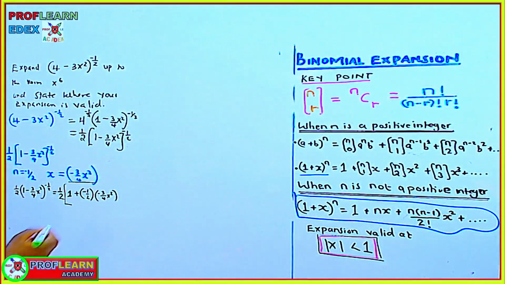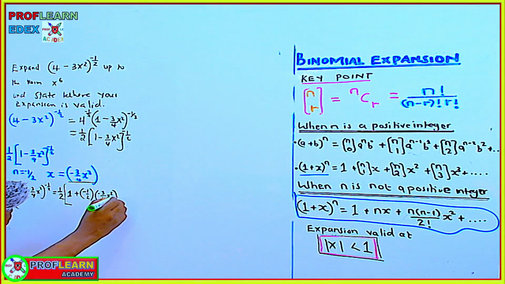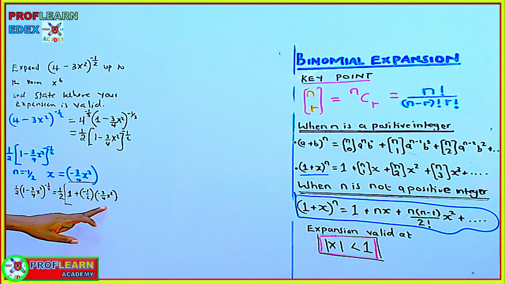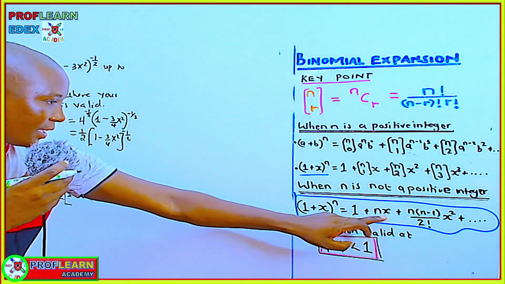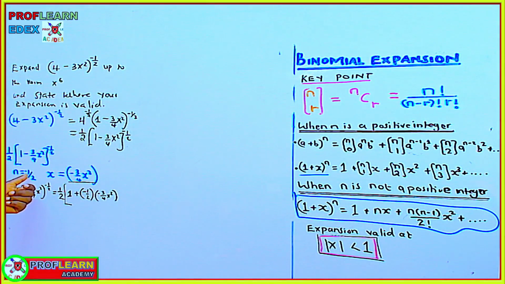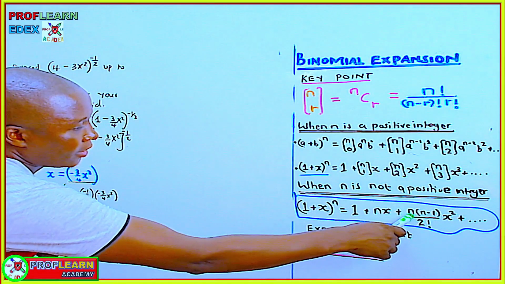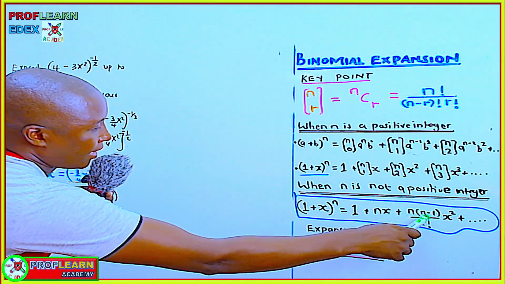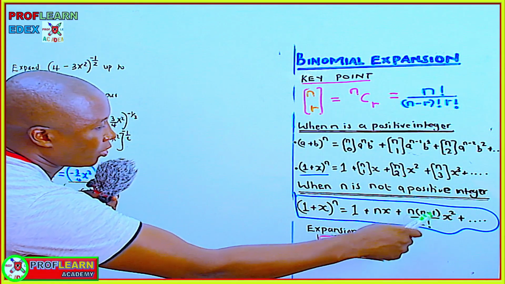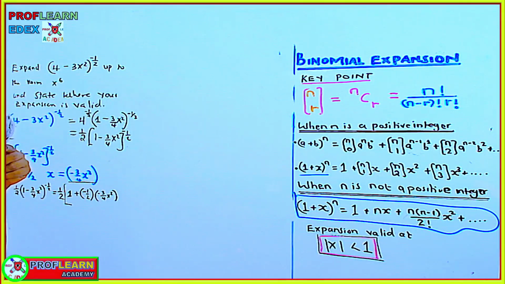Okay, so now this is the second term, which is nx. My n is negative 1 over 2, my x is negative 3 over 4 x squared. Then the next term will be n into bracket n minus 1 over 2 factorial, x squared.